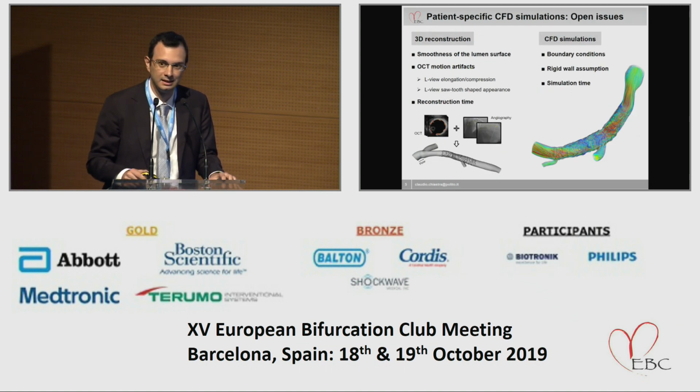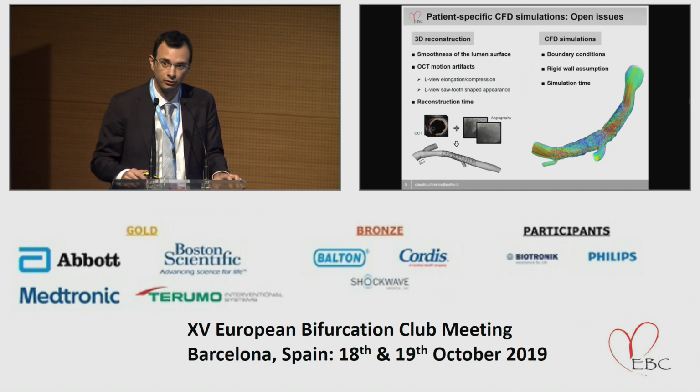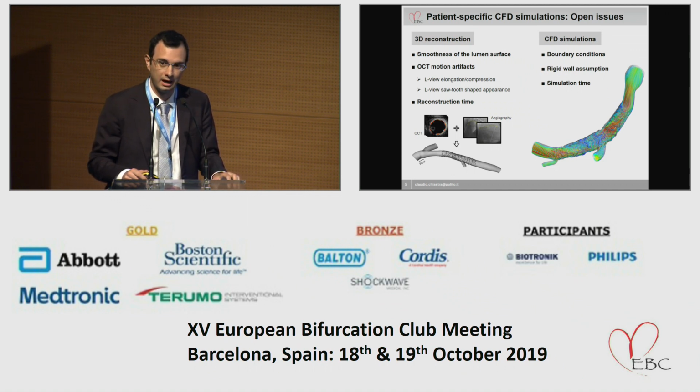However, there are still some open issues that should be considered before applying this type of technology to many patients. And these issues regard both the 3D reconstruction of the stented vessel and the CFD simulations themselves. Regarding the 3D reconstruction, some of these issues are to identify the correct smoothness of the lumen surface, the OCT motion artifacts, and the reconstruction time.